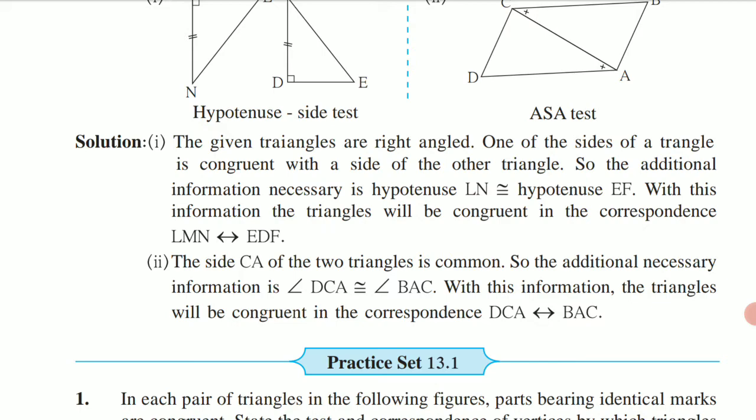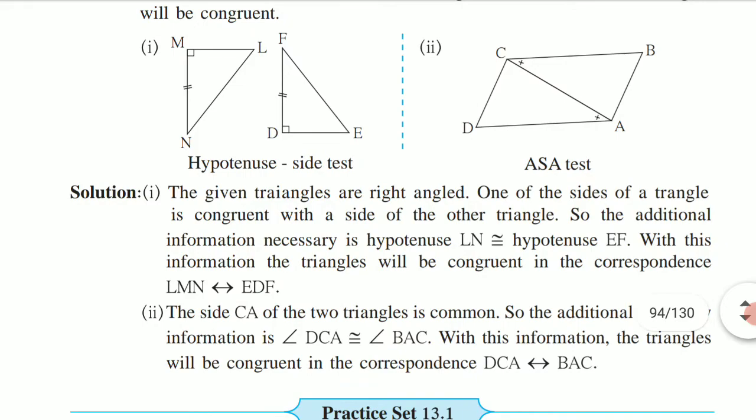Second, the side CA of the two triangles is common, so the additional necessary information is that angle DCA is congruent with angle BAC. With this information, the triangles will be congruent in the correspondence DCA to BAC.